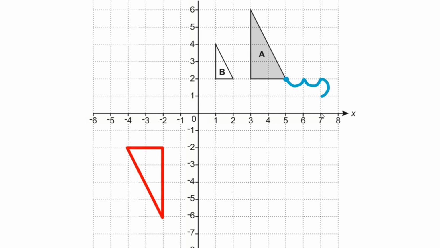So I've got 1, 2, 3, 4, 5, 6, 7. So the point will go here. So now if I draw the triangle, we end up with this triangle shown here.